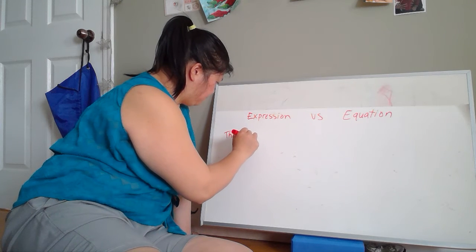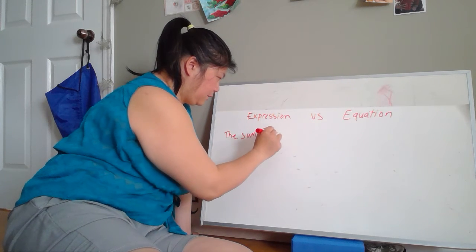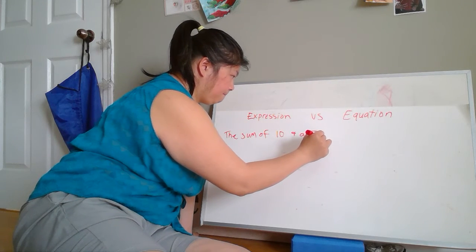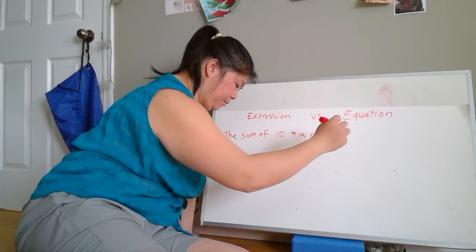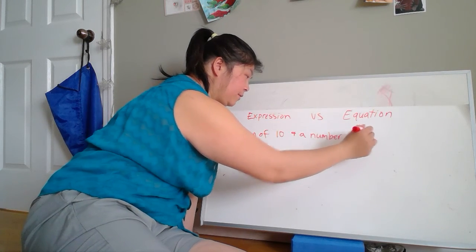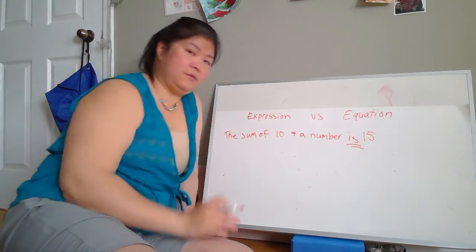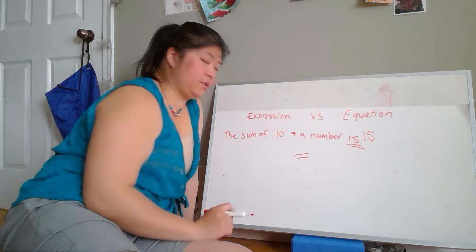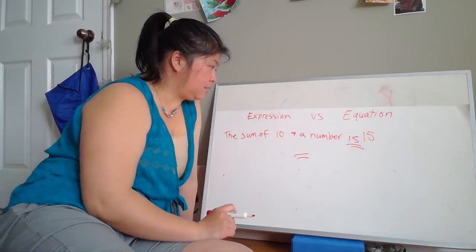The sum of 10 and a number is 15. So there's that is, and that is your equal sign. So there's an equal sign in this sentence.